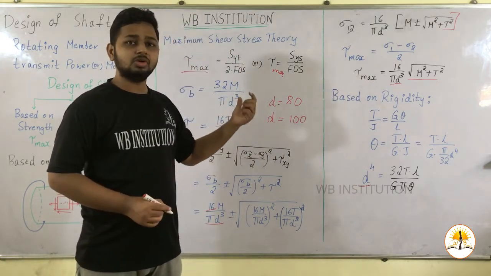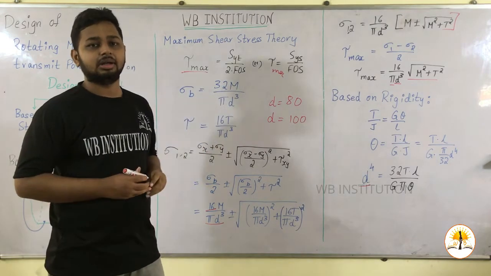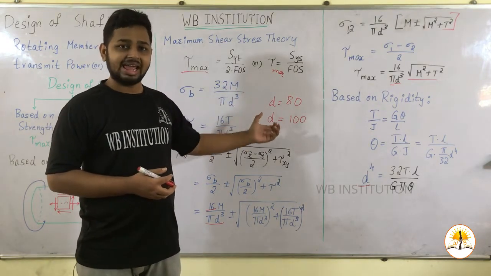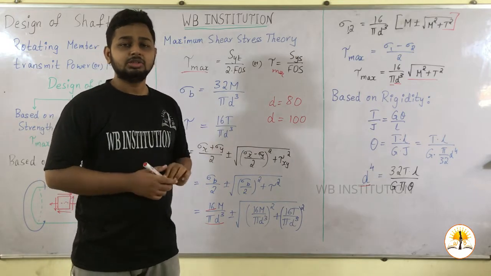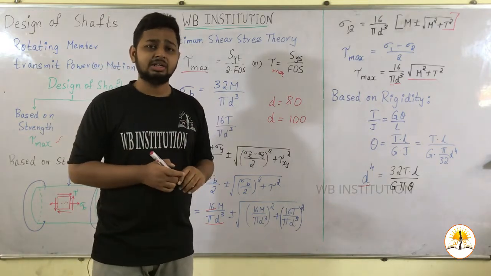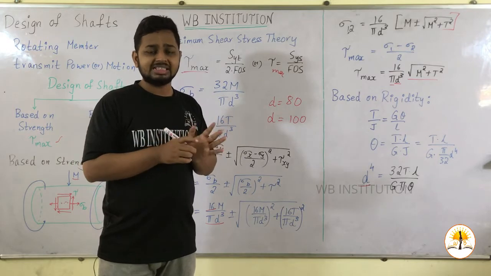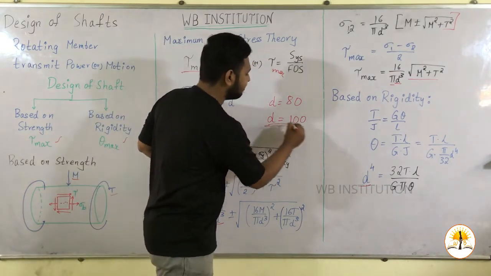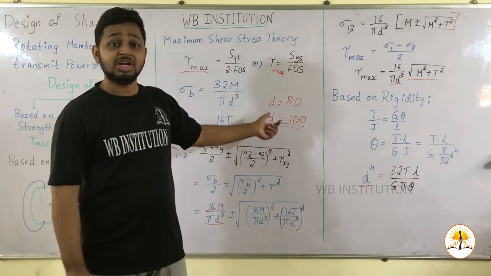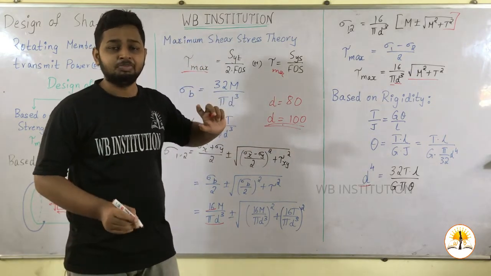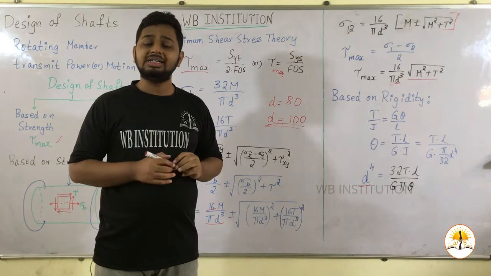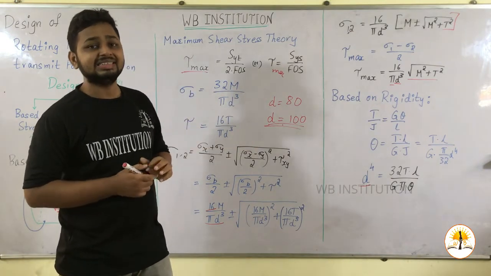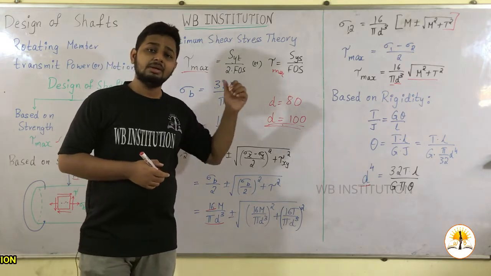Now on which basis do we have to finalize the safe diameter? For the diameter we have to take the maximum value. For any dimensional values, while comparing two equations, we have to take the maximum value as the safer value. When the amount of load is applied, or for the stresses which are generated, we have to take the minimum values.